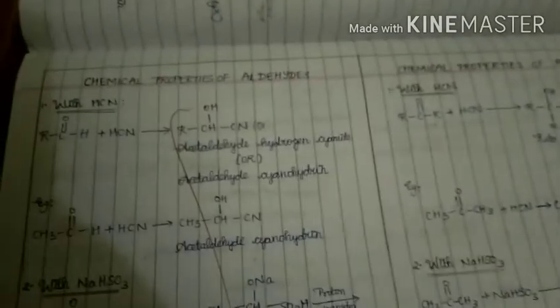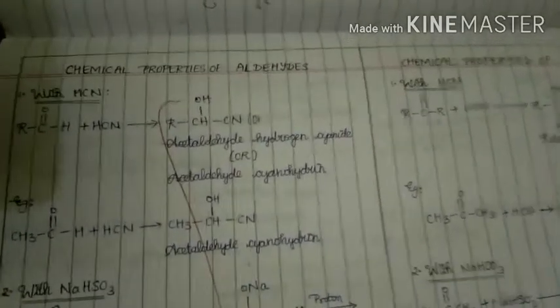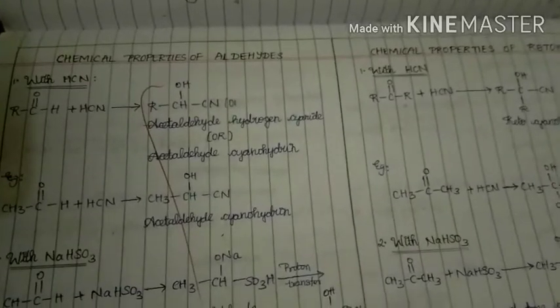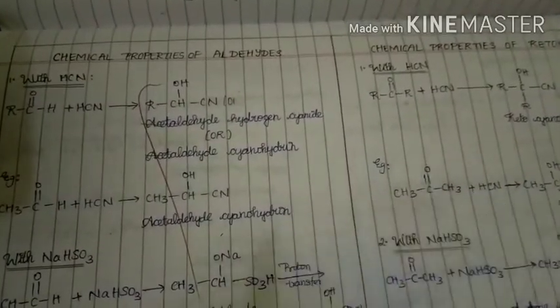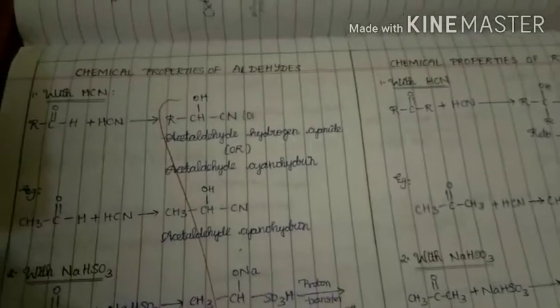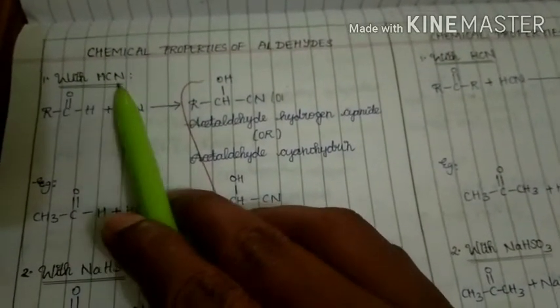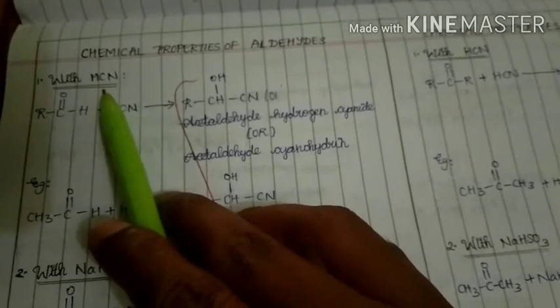Now, the chemical properties of aldehydes and ketones. Now I will explain chemical properties simultaneously for aldehydes and ketones. See, the first property is with which one? HCN, that is hydrogen cyanide.